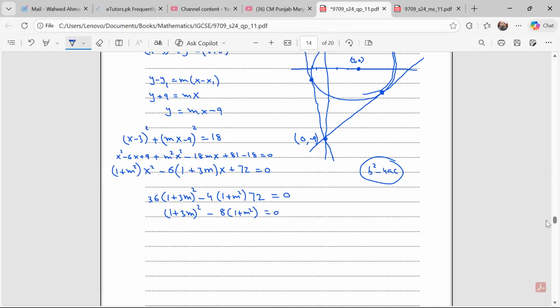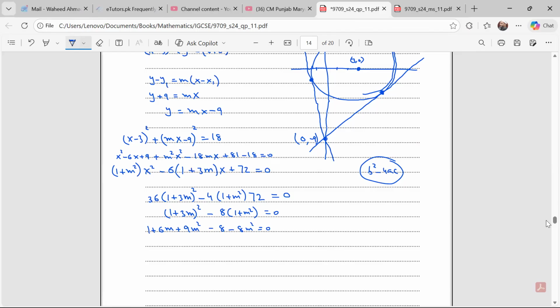So it's much simpler now. Okay, 1 plus 6m plus 9m squared and minus 8m squared equals 0.